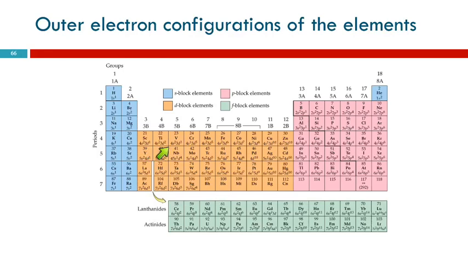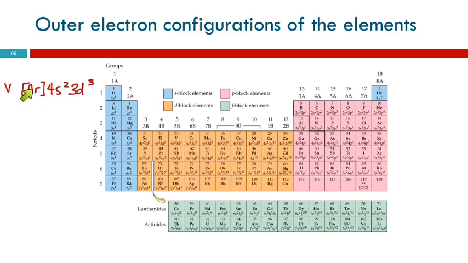So, you look at the electron configuration for vanadium, which would be argon plus this part, 4s2 and 3d, 1, 2, 3. So vanadium would be argon, 4s2, 3d3.